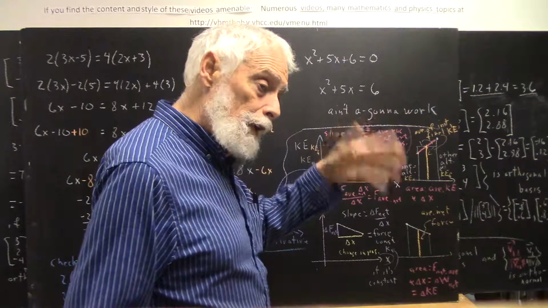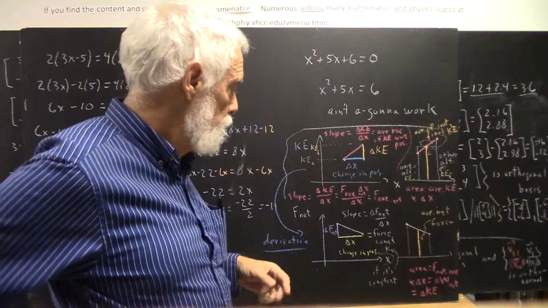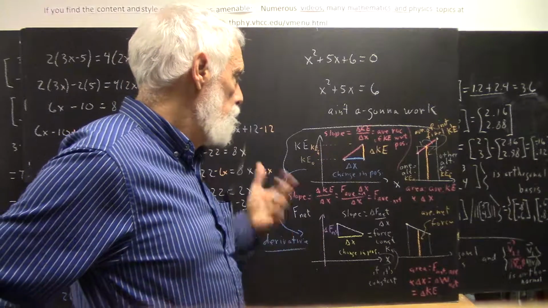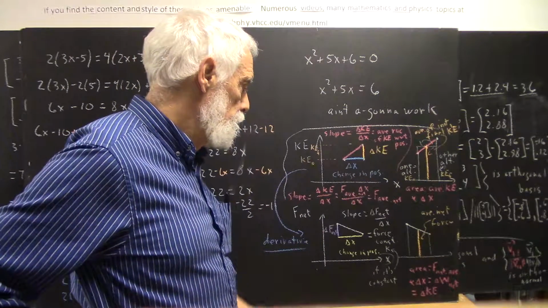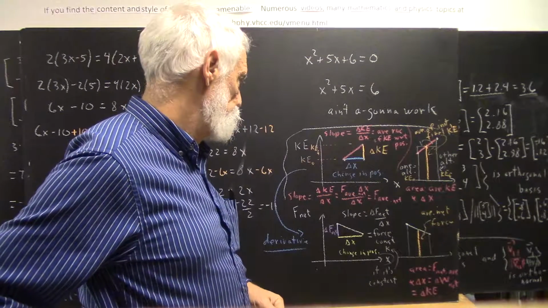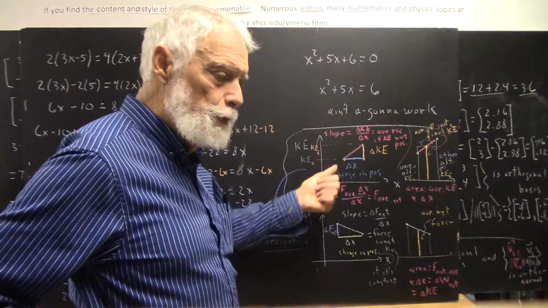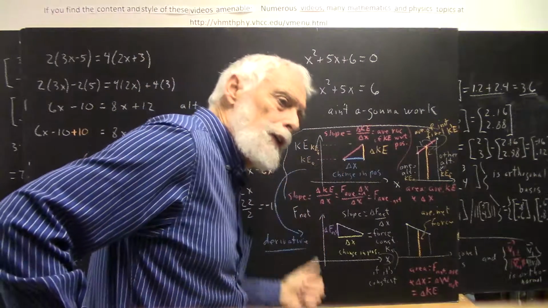And then if you scale your axis correctly, and I'm quoting details that you'd have to work through, the slopes of that graph would have to match the net forces.